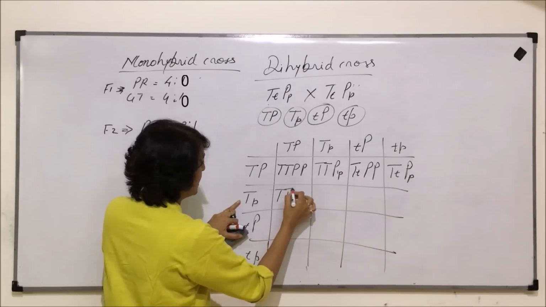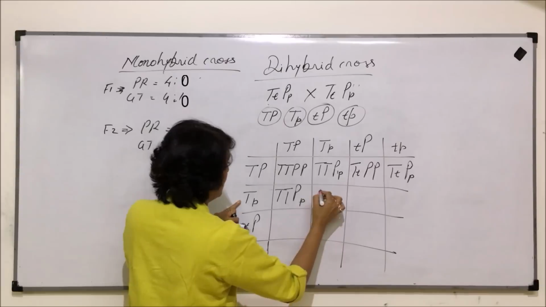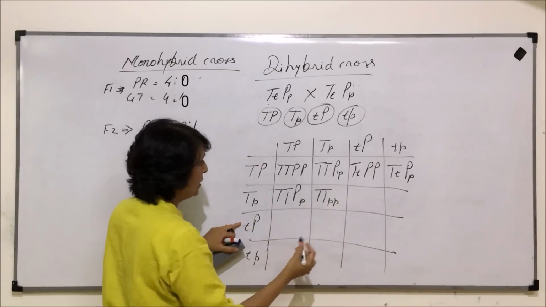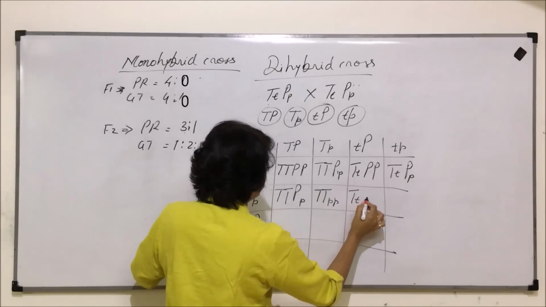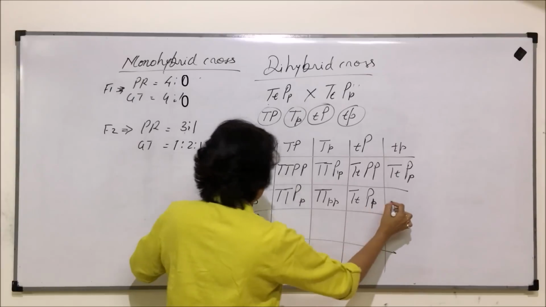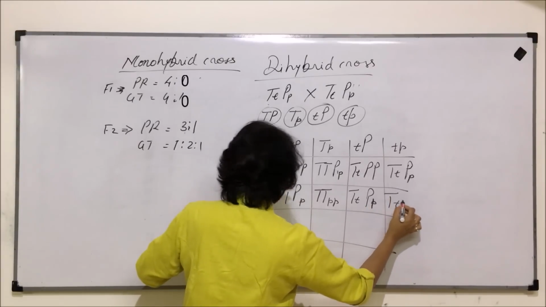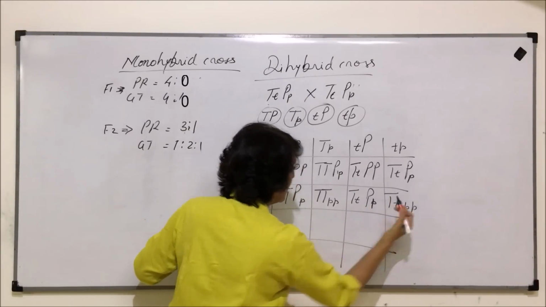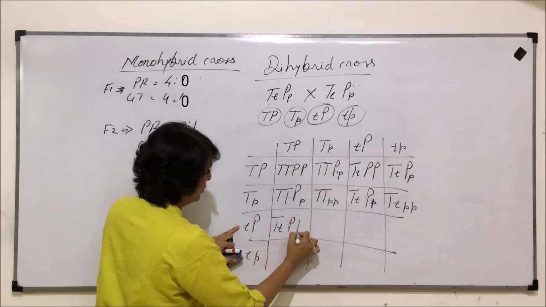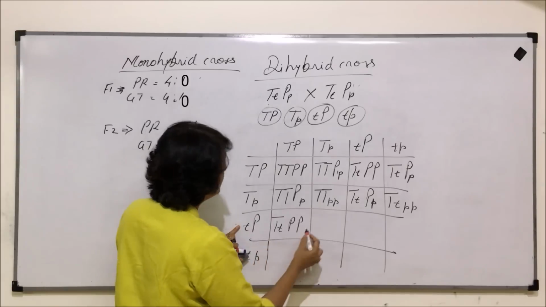Here T's are capital, P and P. Both T's are capitals, P's are small, one T capital, one small, one P capital, one P small, and here T is capital, other is small, and the P's are all small. Capital T, small t, both the P's are dominant.